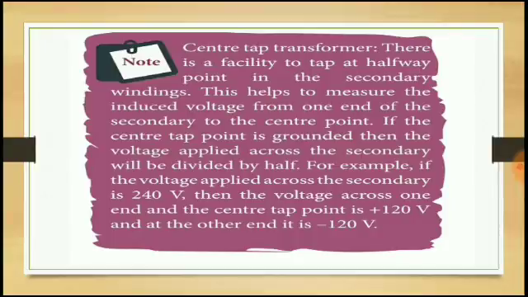For example, if the voltage applied across the secondary coil is 240 volts, then the voltage across one end and the center tap point is plus 120 volts and the other end is minus 120 volts. That means divided by half.